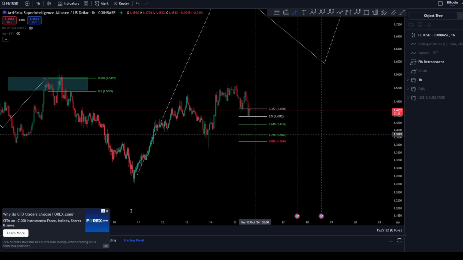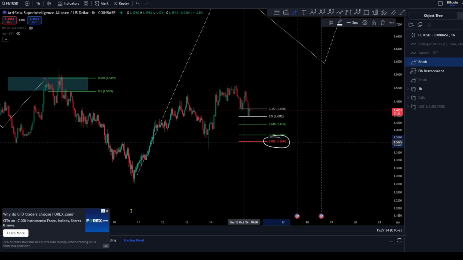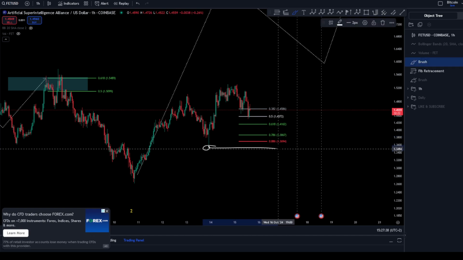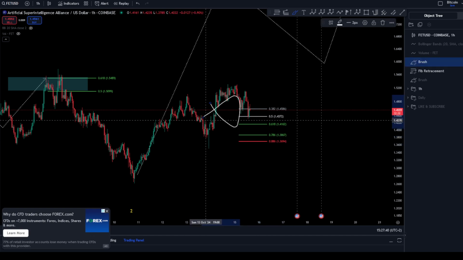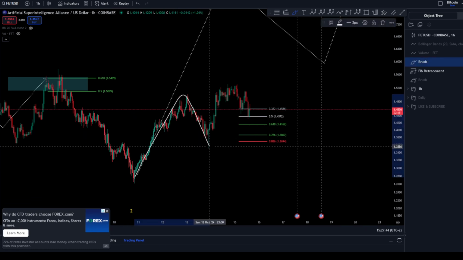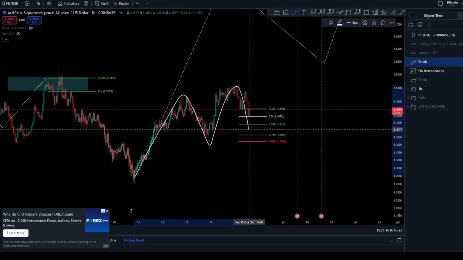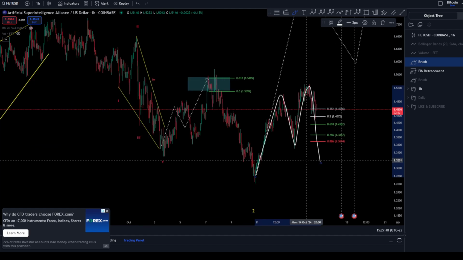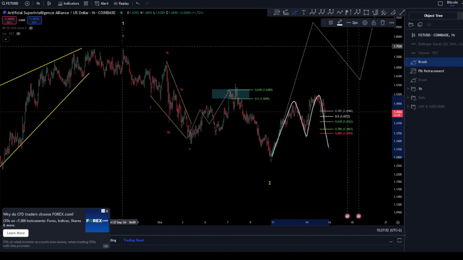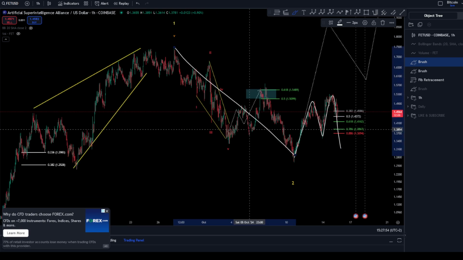Of course, going lower than the 0.886, that means you want to take this low. That means invalidation of your 1, 2, 1, 2 here, and you have to consider this as A, B, and a C. And of course, after a correction, you want to see some movement towards the downside, where we already have a 5 wave structure.